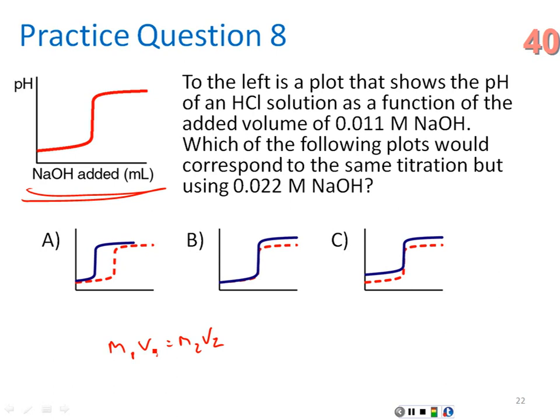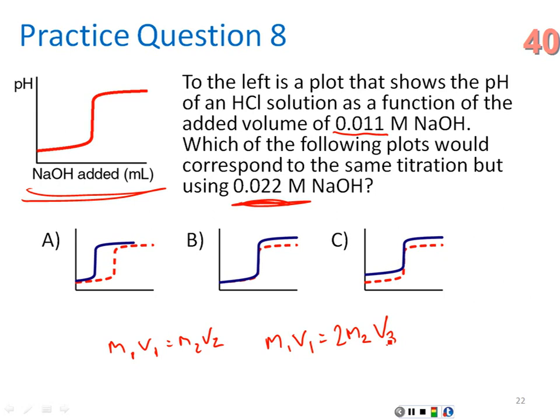So if M2 is representing 0.011 molar, we can also write a different equation, M1V1 equals 2 times M2 now, because the second concentration is twice as much, 2 M2 times V3, a third volume.